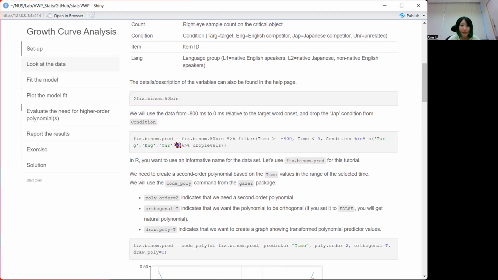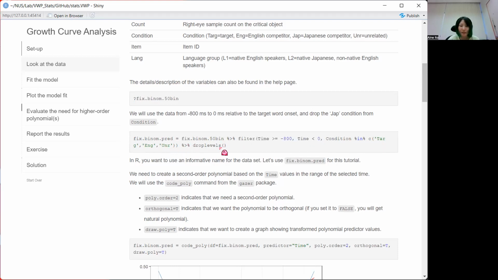We're creating a new data set called fixed_binom_grid. We're taking the original data set here and filtering it based on the time, from -800 to 0. We are only taking the target, English competitor, and unrelated conditions, and then dropping the level that we don't want.